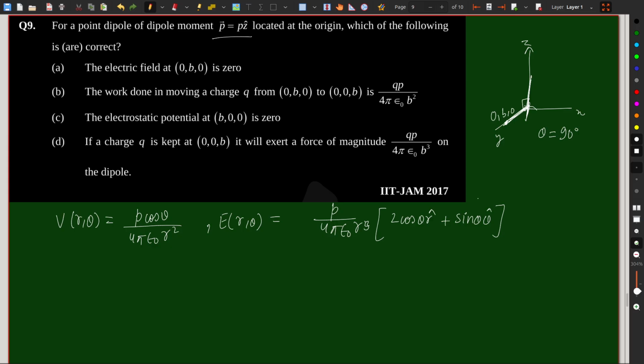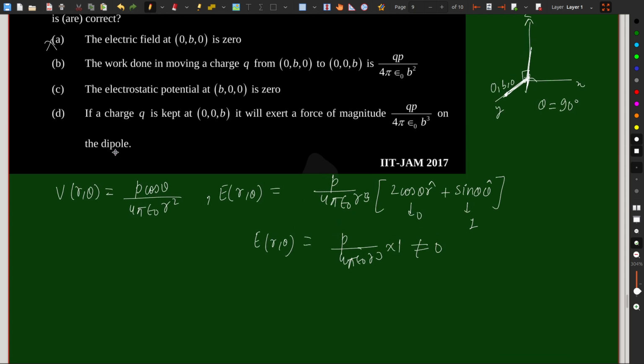At theta equal to 90 degrees, sin theta is 1 and cos theta is 0. So E_r is p over 4 pi epsilon naught r cube multiplied by 1, which is not equal to 0. So option A is incorrect.